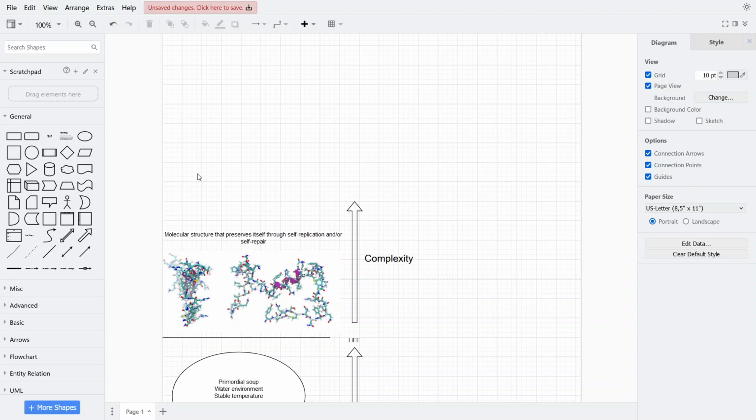so you get something like, I think the first life forms were, what were the research for this?